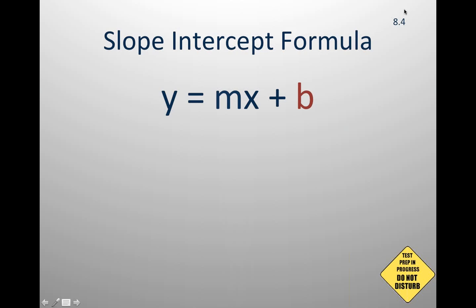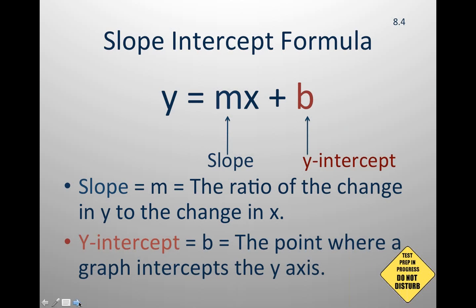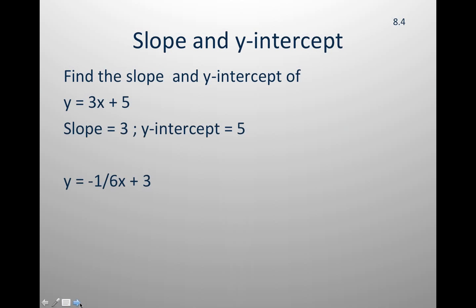All right, here's the formula: y equals mx plus b. The m is your slope and the b is your y-intercept. And the y-intercept is where the graph crosses your y-axis. So when we're asked to find the slope and the y-intercept in 3x plus 5, the slope is going to be 3, and the y-intercept is going to be 5.